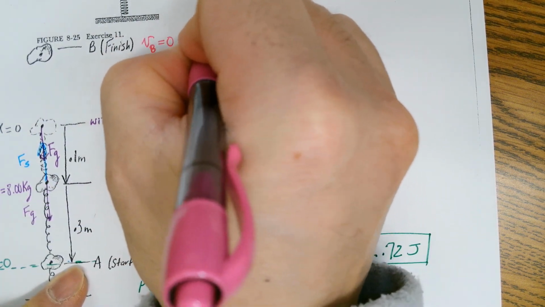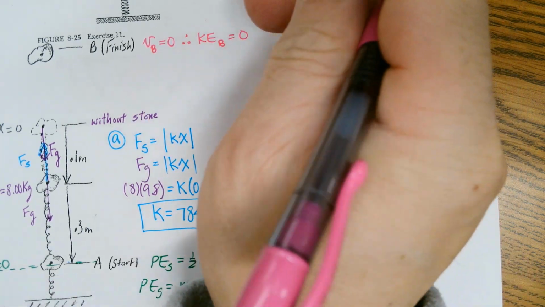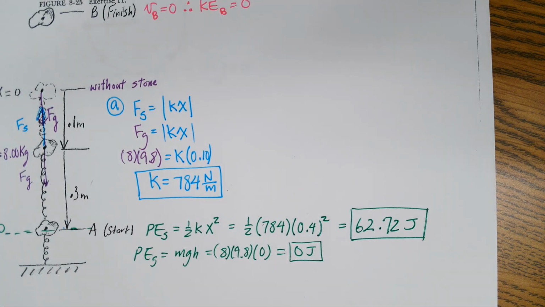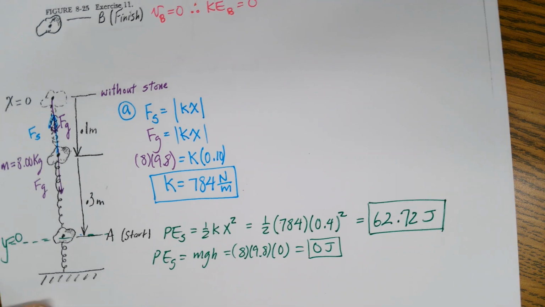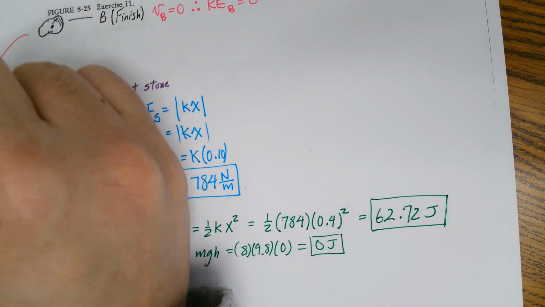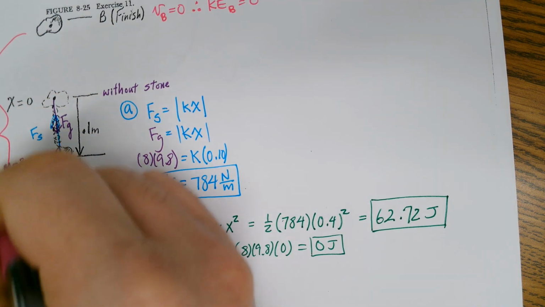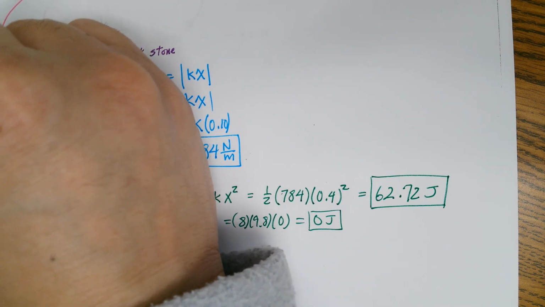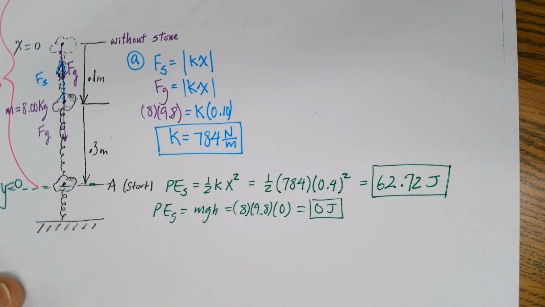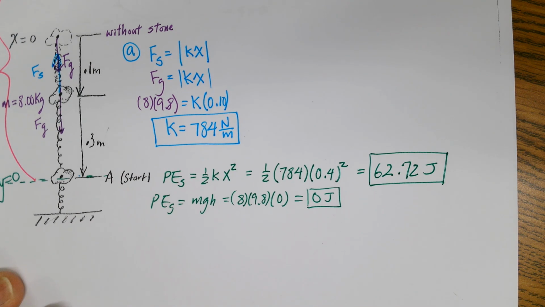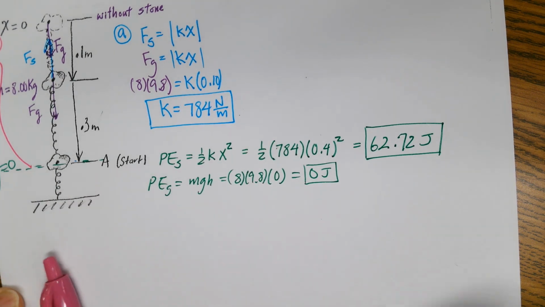Therefore, the kinetic energy at B is equal to 0. They want to know how high it gets. So we're going to assume, well, this is part B.